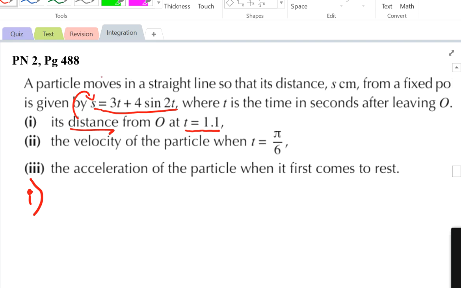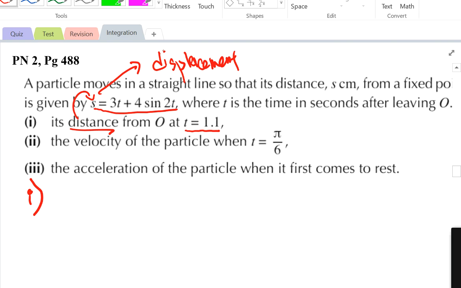Okay, so how would you find the distance? Differentiate the term there. But remember, s stands for what? Displacement.